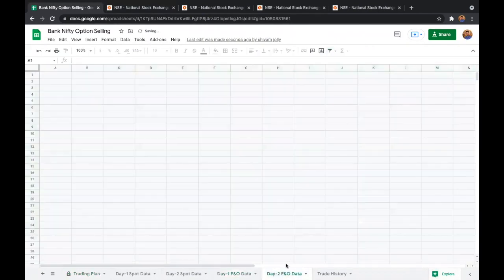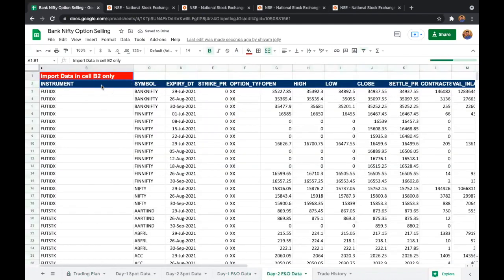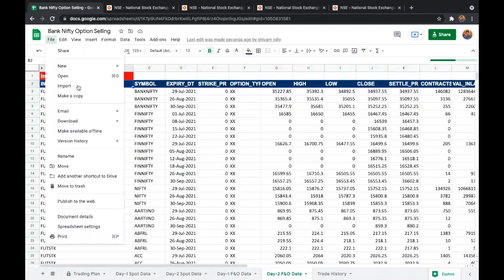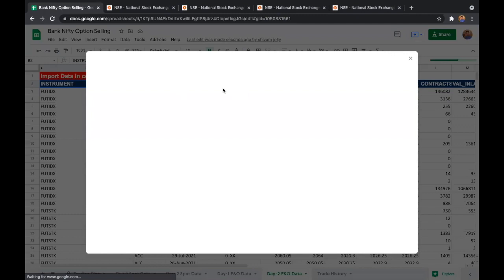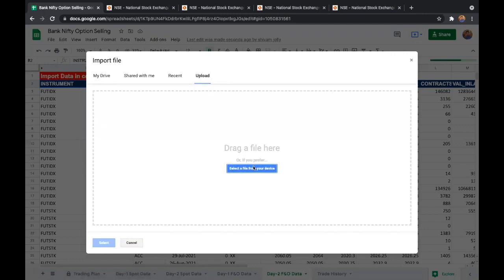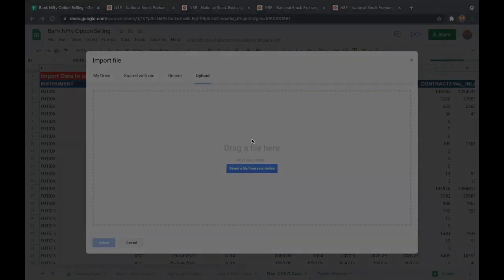So this is day two data for us. We'll import again day two FNO data from our system.